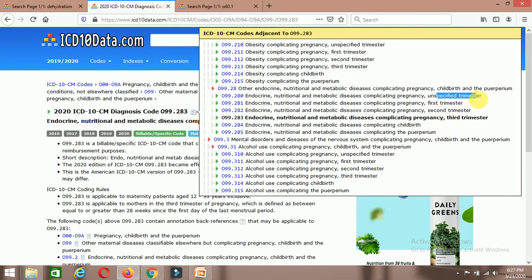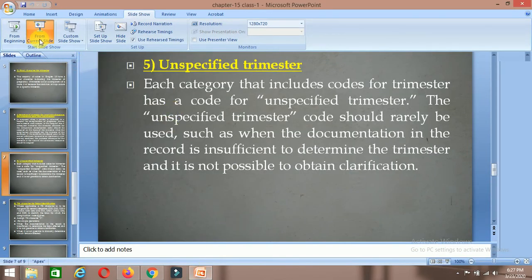You can see here first trimester, second trimester. If it is clearly 14 weeks like that, based upon the weeks we code the first, second or third trimester. Based upon that calculation we code the trimesters. If nothing is documented, we have to code the unspecified trimester as per the guideline.